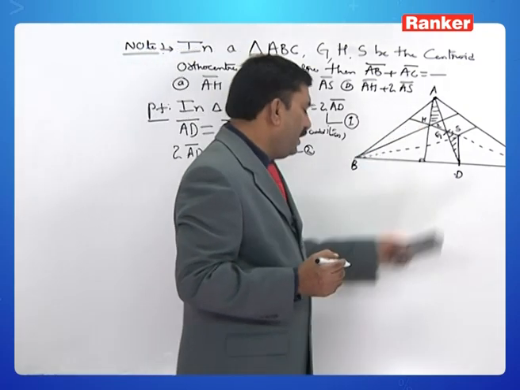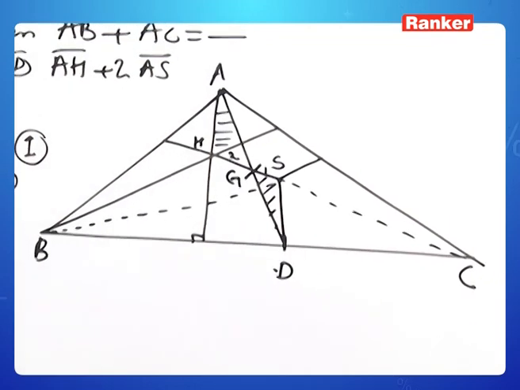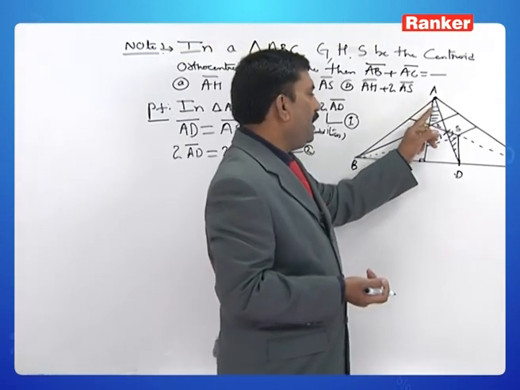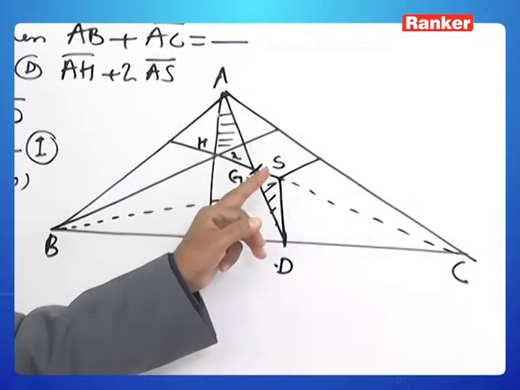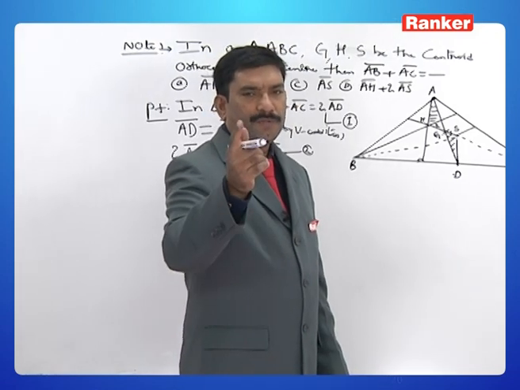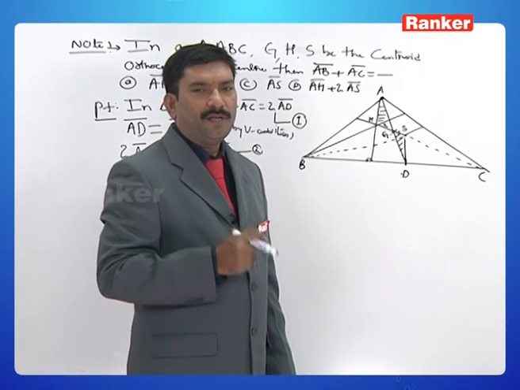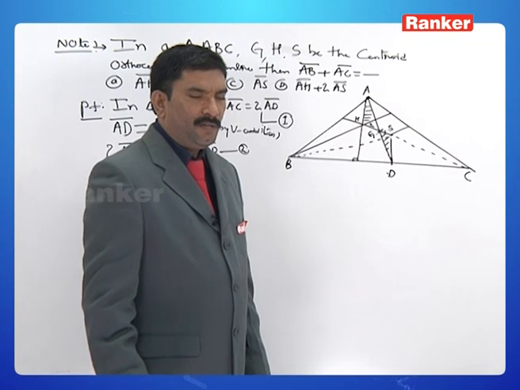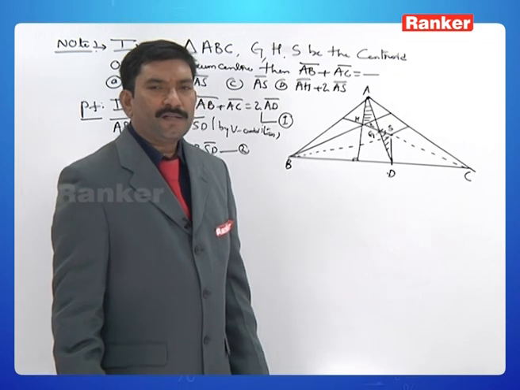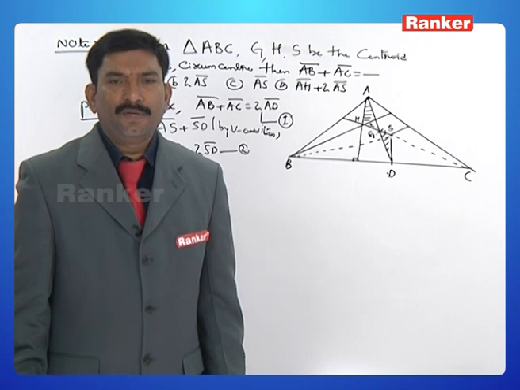After drawing a median AD, we are formed with 2 similar triangles. They are AHG and GSD. Meanwhile, orthocenter, centroid, circumcenter are collinear, and the centroid divides orthocenter and circumcenter in the ratio 2:1. What ratio? 2:1.